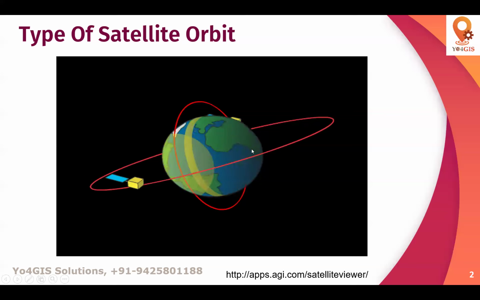As you know, each and every satellite has its own orbit. Normally, whenever any country launches a satellite, they always make a plan in such a way that whenever the satellite covers that particular country, sunlight will be there.